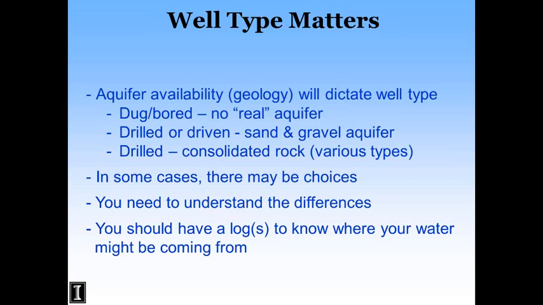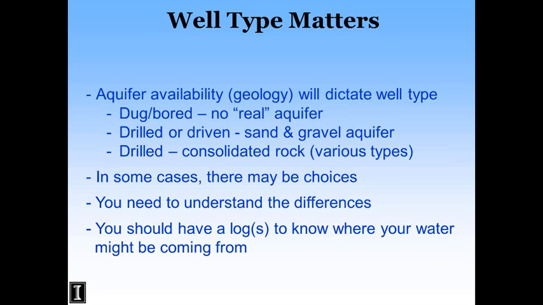You should have a log and know where your water might be coming from. If you don't have a log, you should ask your driller if you know who that is. One of the biggest problems with drinking water wells, especially in rural areas, is they're old. The driller may not be around anymore. You maybe weren't the original landowner. The well's always been fine, so you may not have some of that information.